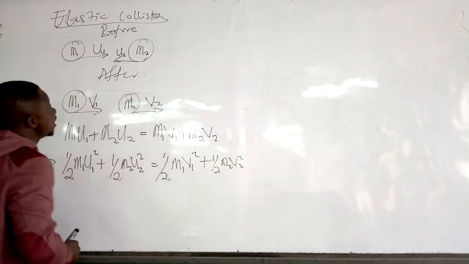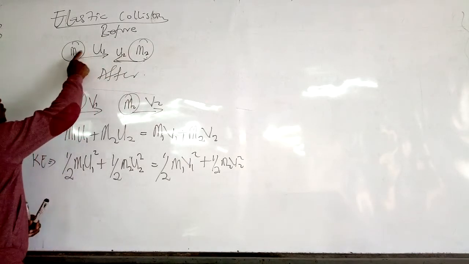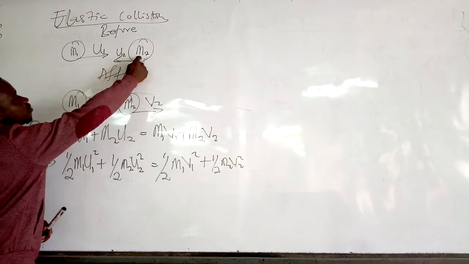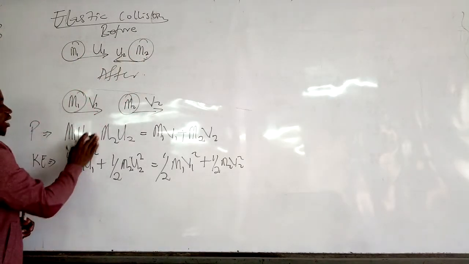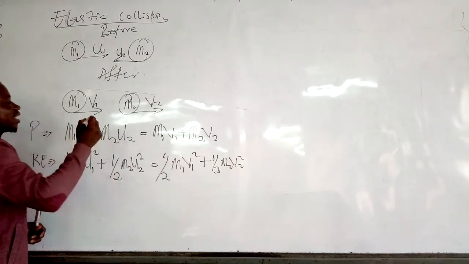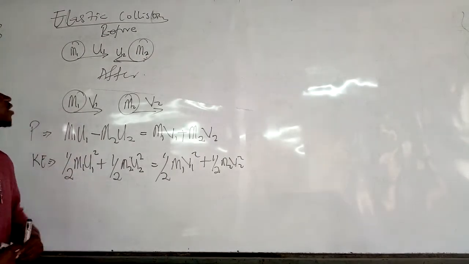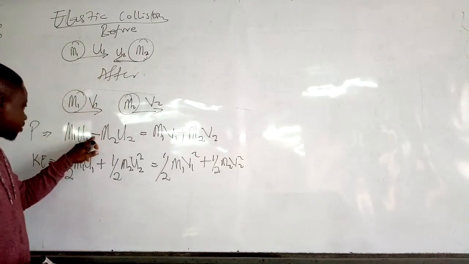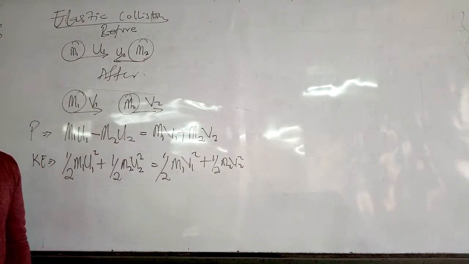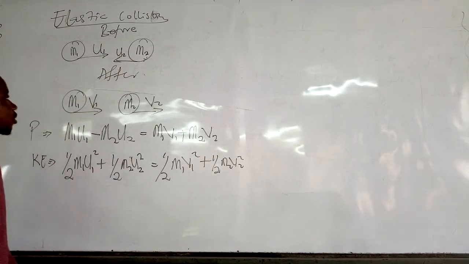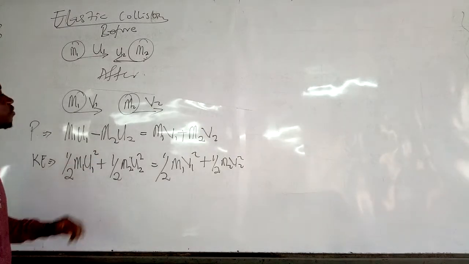Because this one is moving this way and M2 is moving in the opposite direction, the sign of the momentum of the second body M2 becomes negative like this. I hope that is clear.